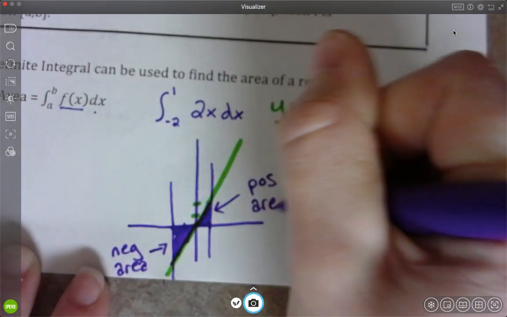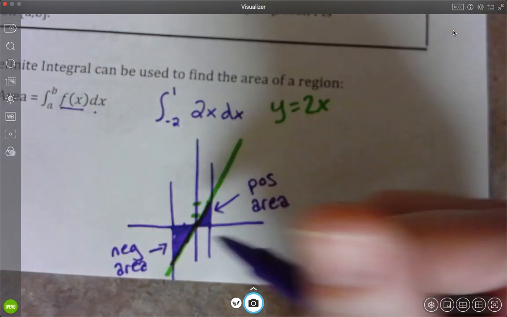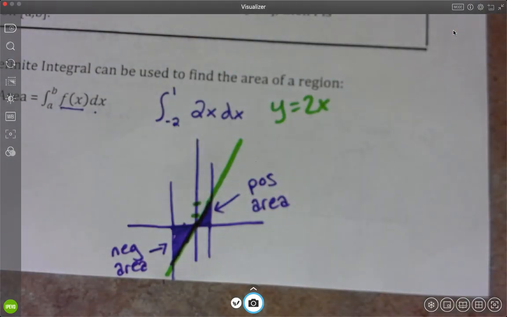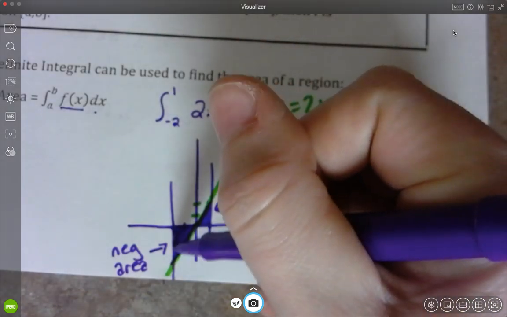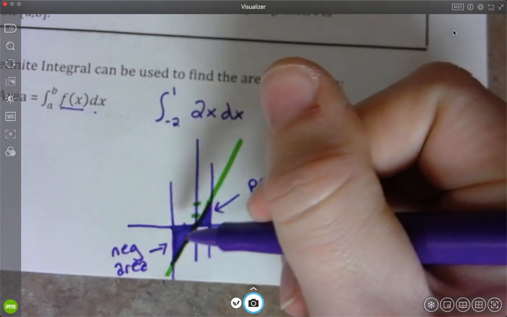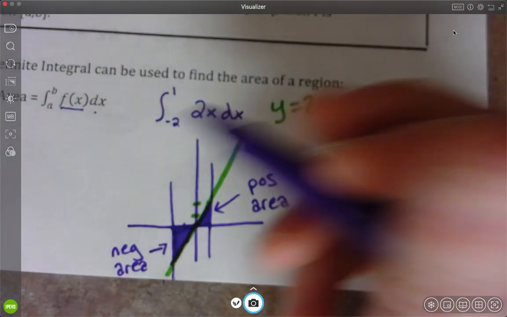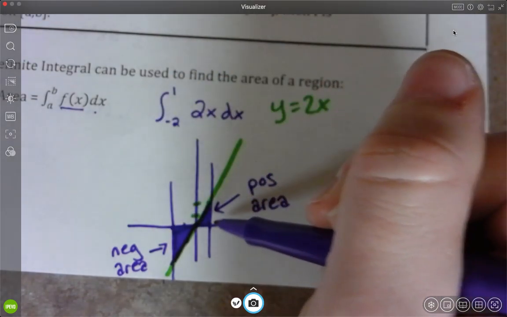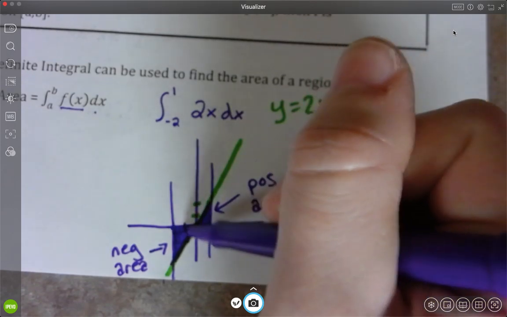Now if I combine both of those areas together, just think to yourself, would my area be mostly negative, or mostly positive? Since my area in the negative is bigger than my area in the positive, it's -2 on this side and +1 on this side, this area down here is going to be larger than this area up here.